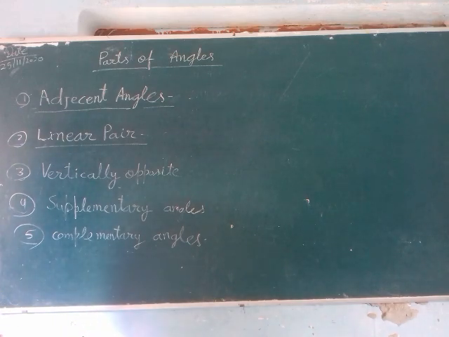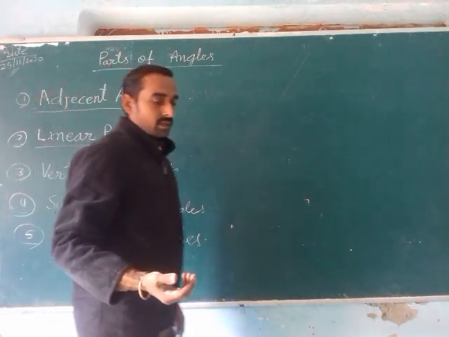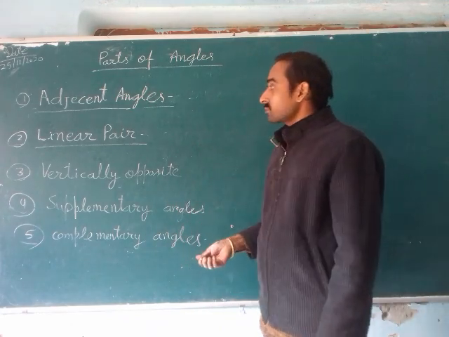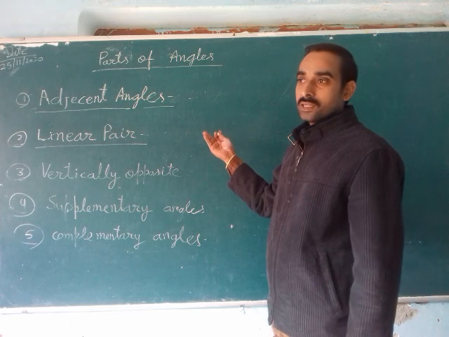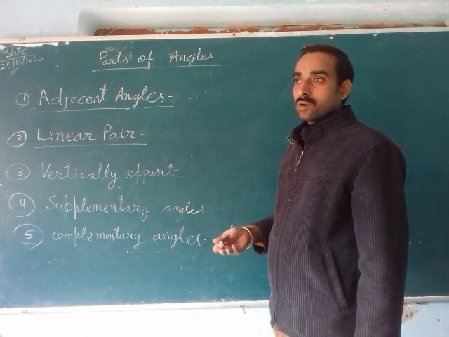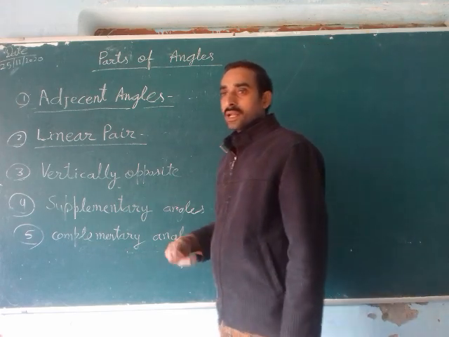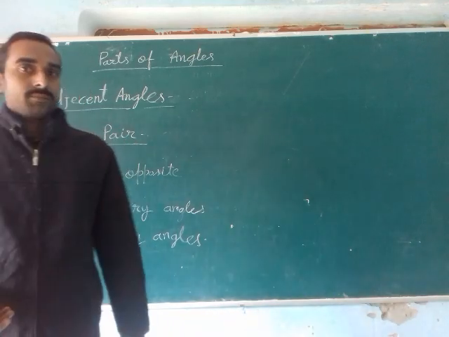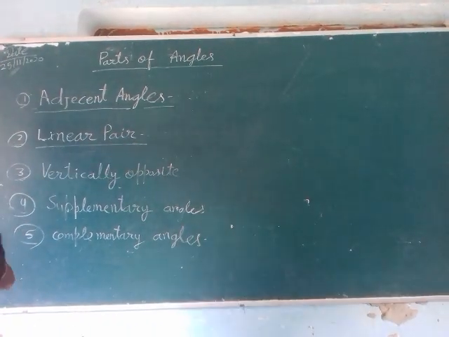On the basis of their measurement there were different types of angles like acute angle between 0 to 90 degrees, obtuse angle above 90 and below 180 degrees, reflex angle, complete angle and 0 degree angle, zero angle.